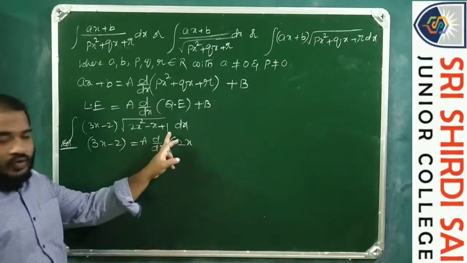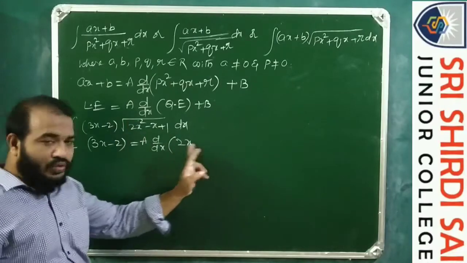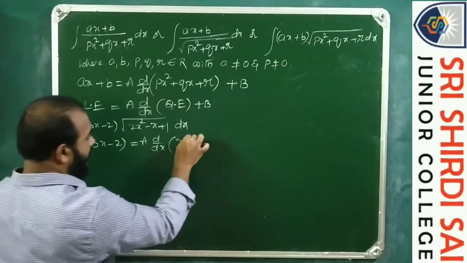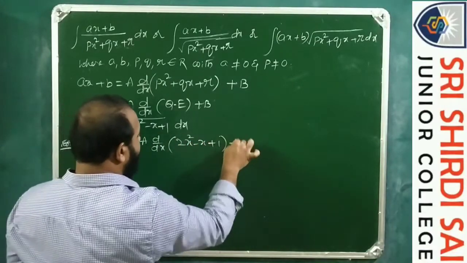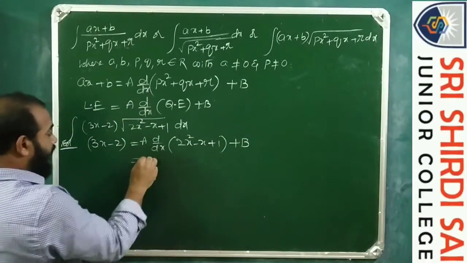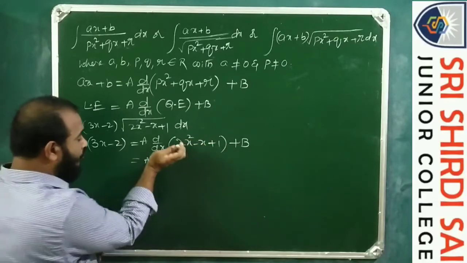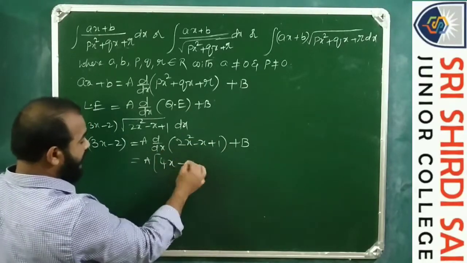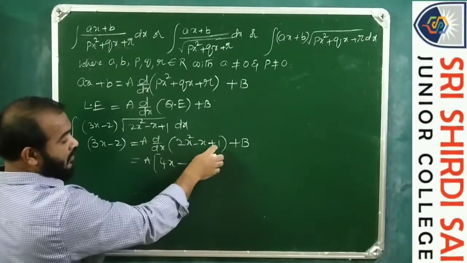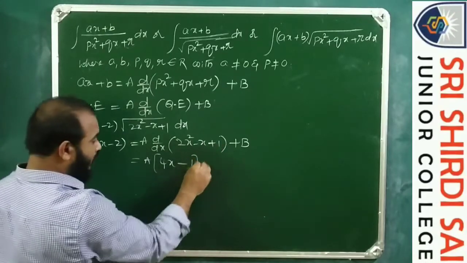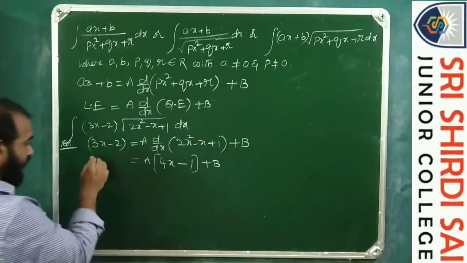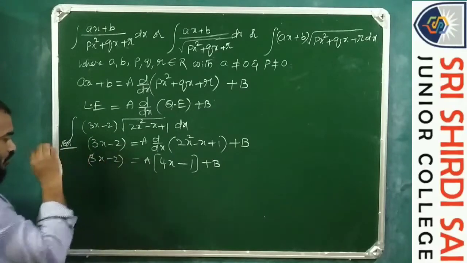With or without root, we need to take without root only. So 2x square minus x plus 1, plus B. A into 2 into x square derivative is 2x, 2 into 2 is 4x, minus d by dx of x is 1, d by dx of 1 is 0. So 4x minus 1, plus B. This is equal to 3x minus 2.